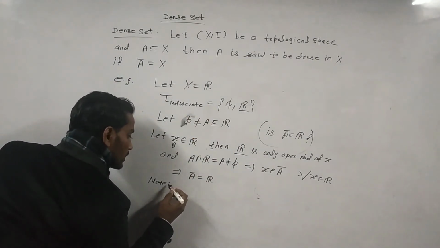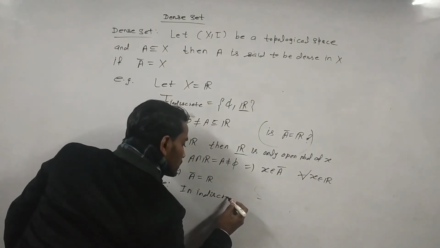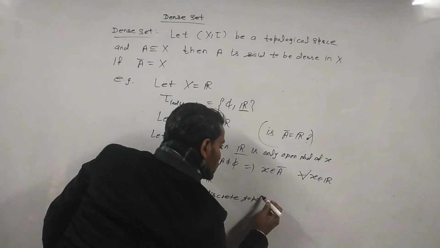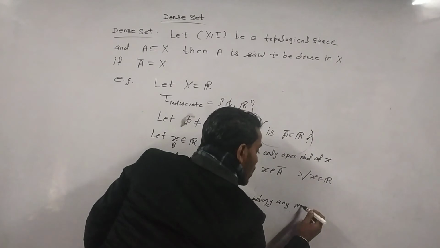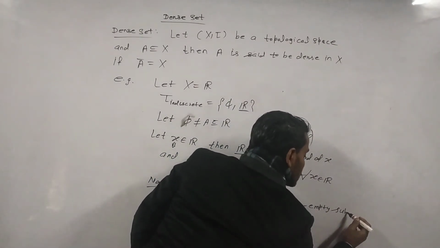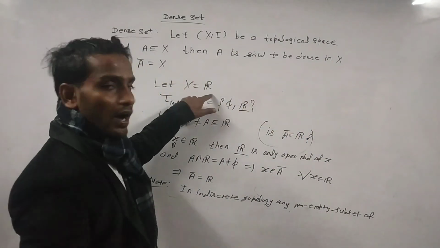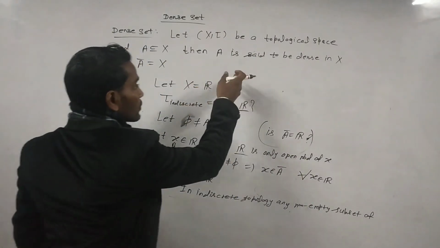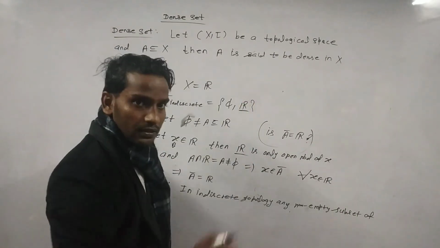Note, in discrete topology, any non-empty subset of here X equal to R, you can take X equal to Q, you can take X equal to N, the set of natural numbers, or you can take X any set.